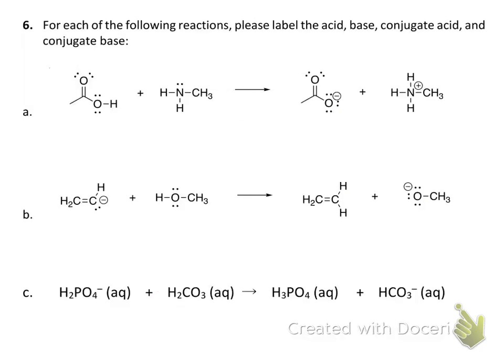This next question is about identifying and labeling the acid, base, conjugate acid, and conjugate base. So a really quick recap of the general idea behind an acid-base reaction. We have an acid. It's got a proton on it. We'll just call this generic acid HA. And in this corner, we've got a base.